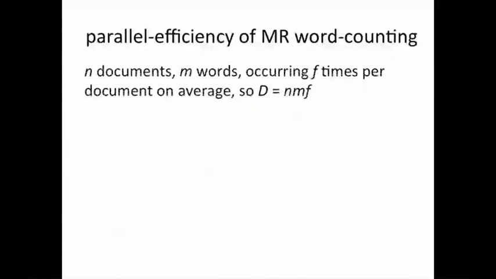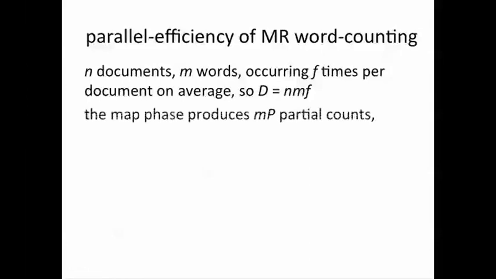Remember that when we were counting words, we had n documents, m total possible words, each occurring, say, f times per document on the average. So the total volume of data to be processed is n times m times f.